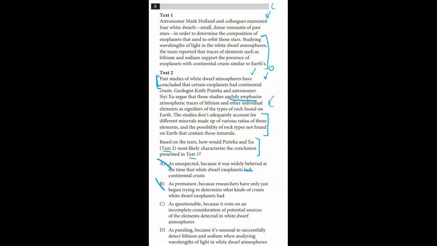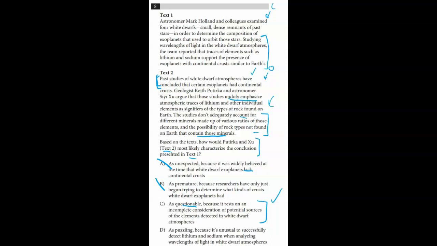So B's out. "As questionable because it rests on an incomplete consideration of potential sources of the elements detected in white dwarf atmosphere." I like this one because it's questionable, which makes sense because they don't adequately account for the different minerals made up of various ratios of those elements, possibly rocks not found on Earth that contain those minerals.